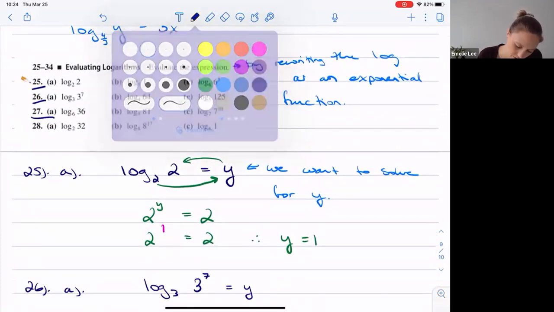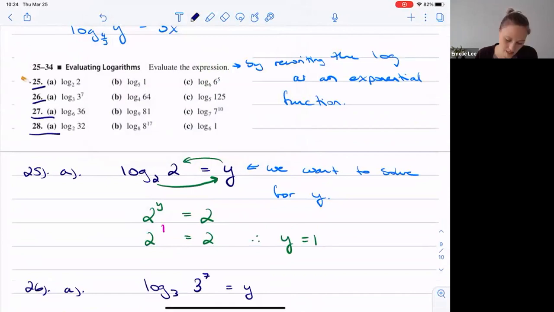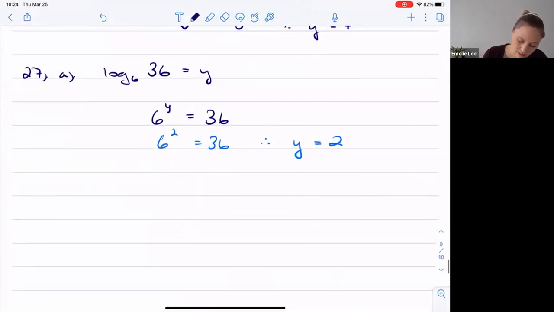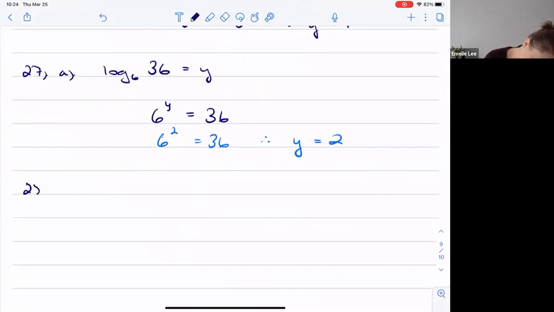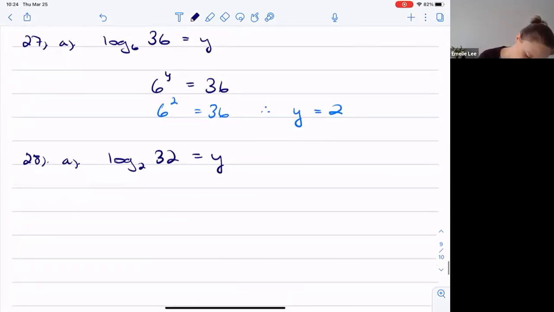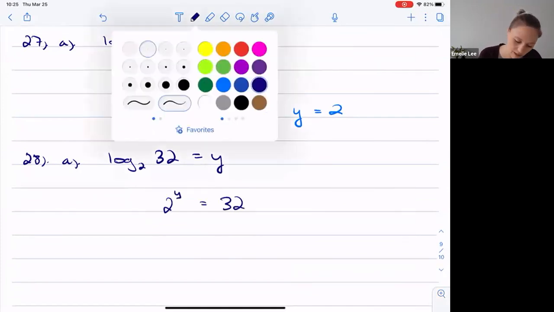How about 28a? Log base 2 of 32 is equal to some y. So 2 to the power of y is equal to 32. Now you might have to try a couple of different values.